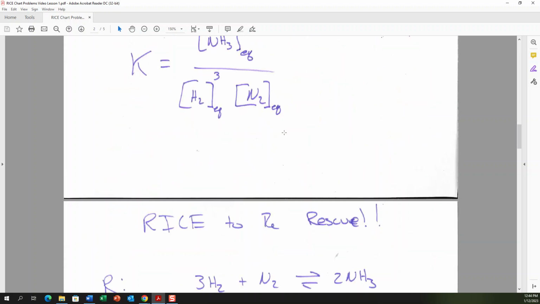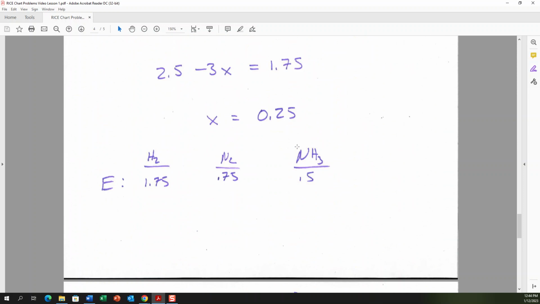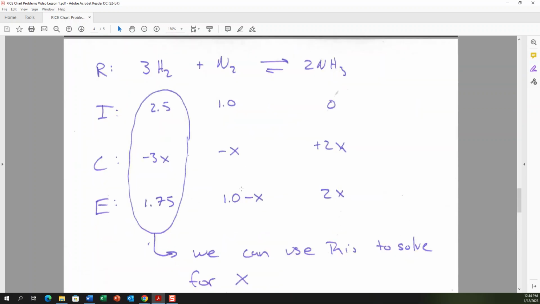All right, and then we could set up a RICE chart and solve for x, and then say, okay, well, the equilibrium concentration of ammonia is 0.5, okay? So again, anything in this chart that we figured out could be asked about in a question like this, but we're just putting everything together to solve for the equilibrium constant at the end here.